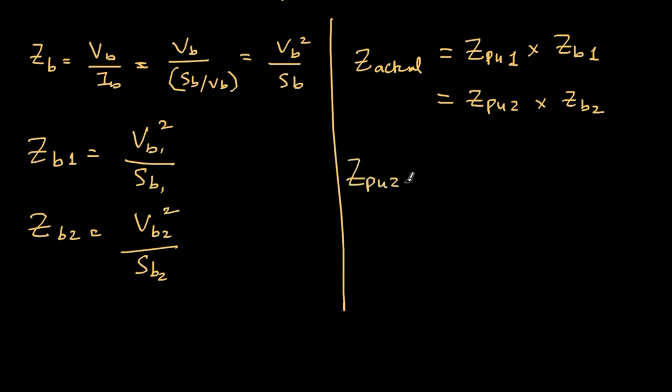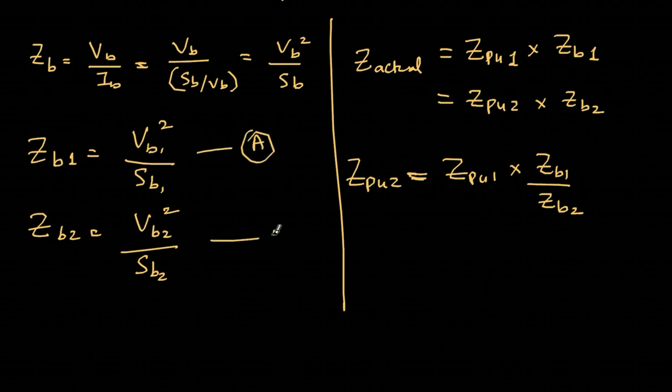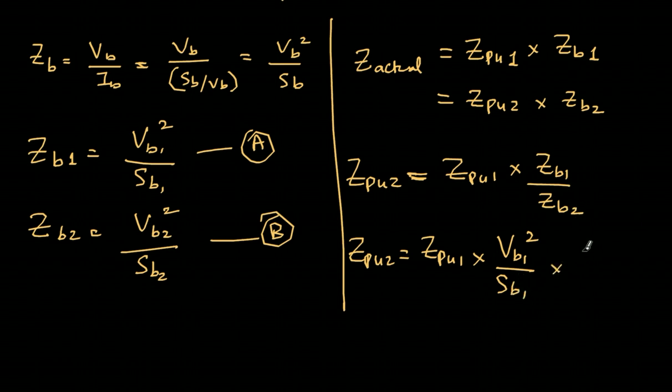Then ZPU2 will be equal to ZPU1 multiplied by Z base 1 by Z base 2. Now if I substitute A and B into this equation, I get ZPU2 equal to ZPU1 multiplied by Z base 1, which is VB1 square by SB1, multiplied by 1 by Z base 2, which is SB2 by VB2 square.